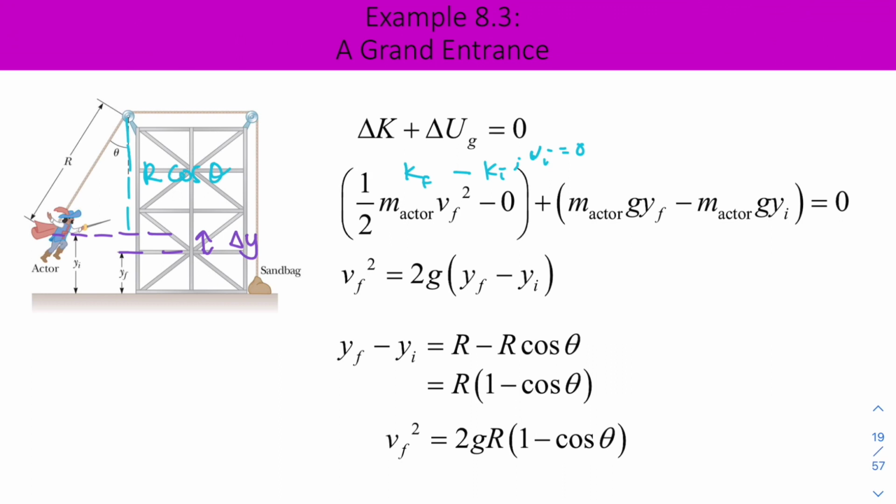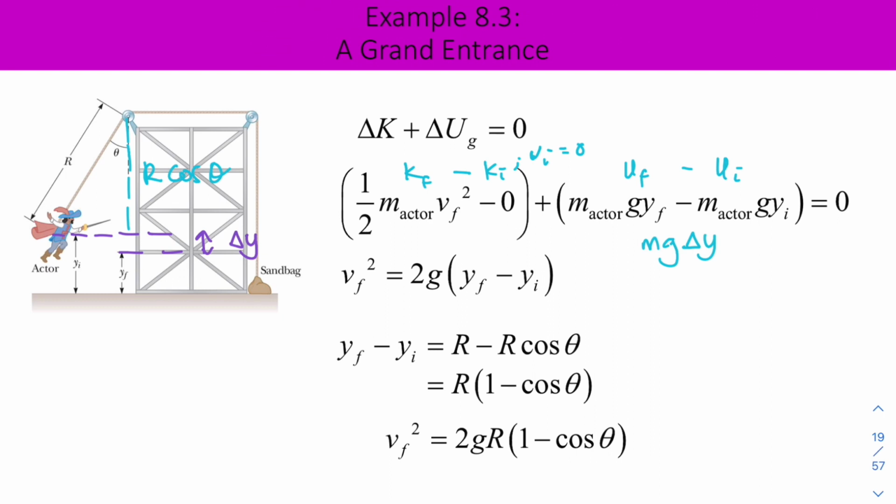Then delta U is U final minus U initial. So we have mg y final minus mg y initial, which is actually mg delta y, isn't it?